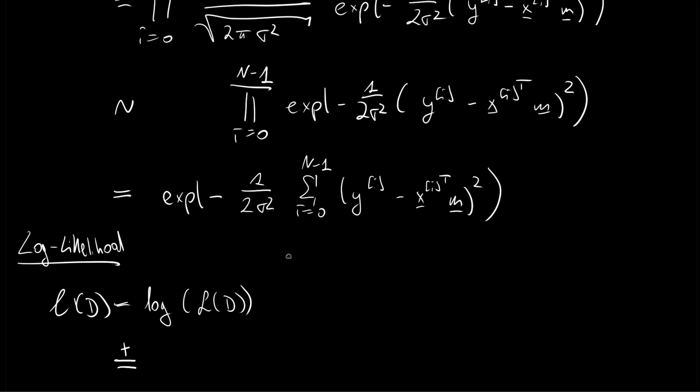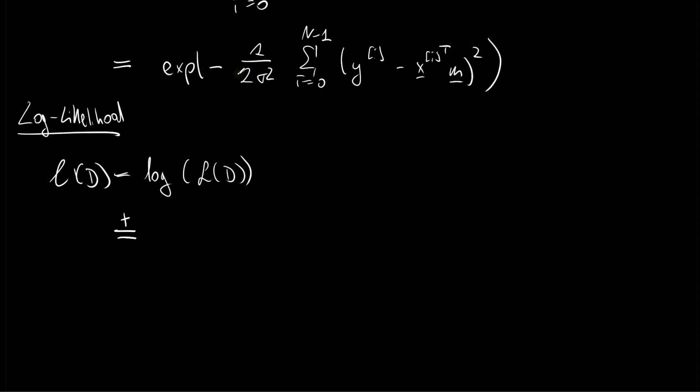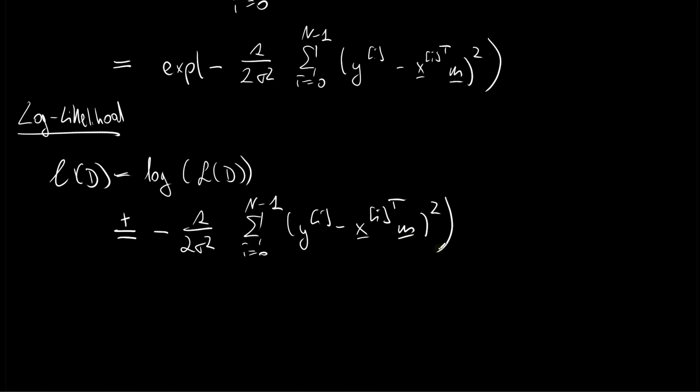And in that particular case, the logarithm cancels with the exponential. So we will get minus 1 over 2 sigma squared times the summation from i=0 to capital N minus 1 over (yi minus xi transpose m) in brackets squared, and then closing brackets. We don't need a second closing bracket anymore since the exponential is gone.